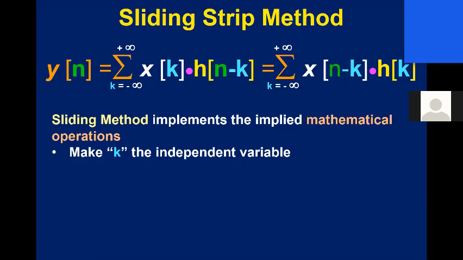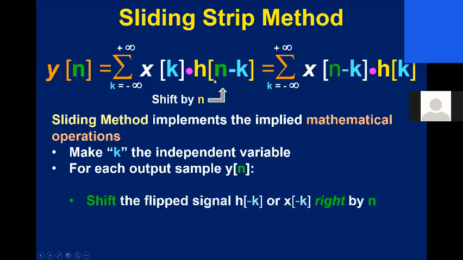Nothing surprising there. But this h of n minus k, I have to rethink which one's the independent variable, which one represents a time shift, what operations are implied here. What the summation is saying is, for every individual value of n, for every index I want to compute, I'm going to be modifying this summation by changing the n here.